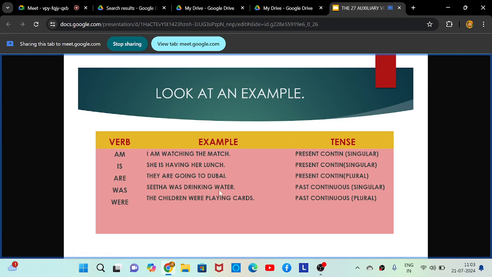So Sita was drinking water is in past continuous tense, singular subject. And finally for were we have the children were playing cards. That's also in past continuous tense. The children is plural, that's why you are using were. You can't say the children was playing cards. You can only say the children were playing cards. That's also in past continuous tense, plural.